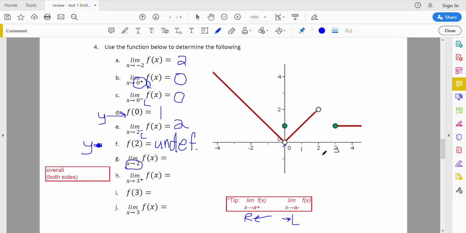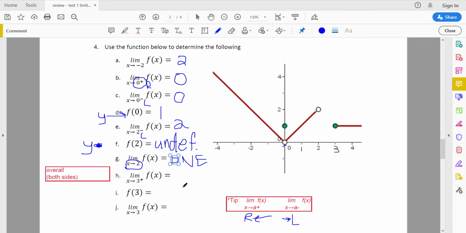But if I look on the right-hand side of 2, in this space, my function isn't actually defined in that area. I don't have anything between 2 and 3. So if I don't even have a right-hand limit, how can I have an overall limit? I would argue for this one, this is also undefined, or you can say the limit does not exist.